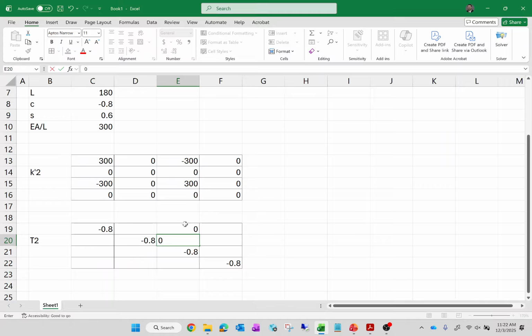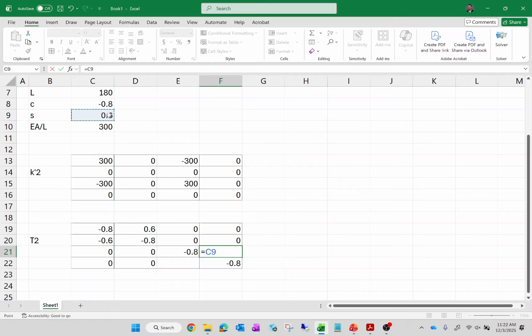I know I'm doing this in a different, or a unique order. Okay. Now be careful with your signs. This term right here is S. This term is minus S. So just be careful with that.